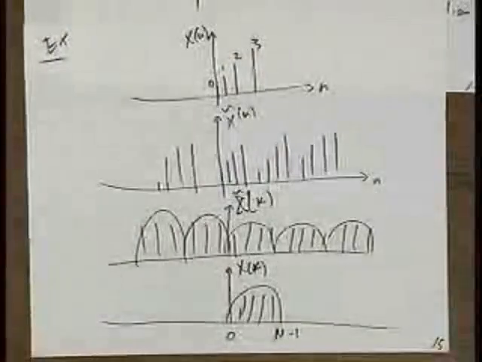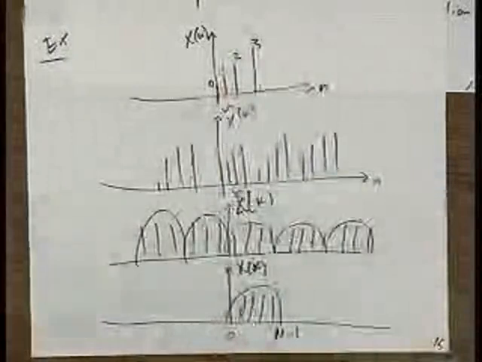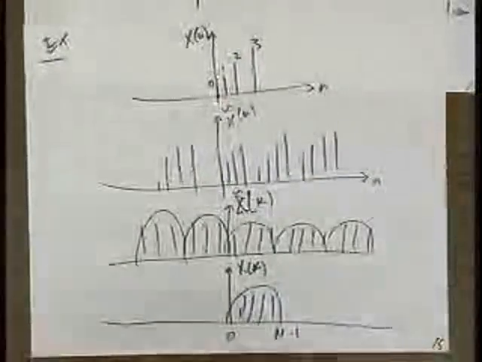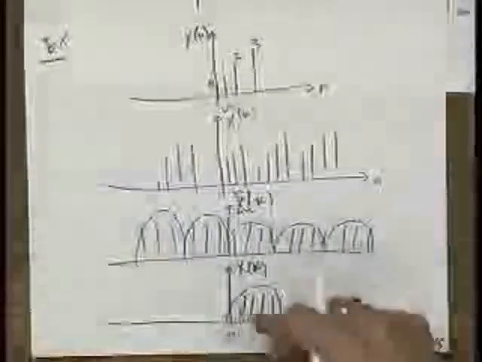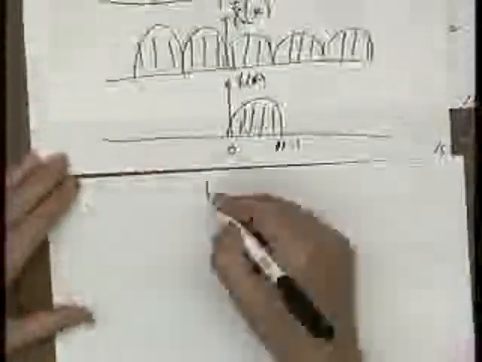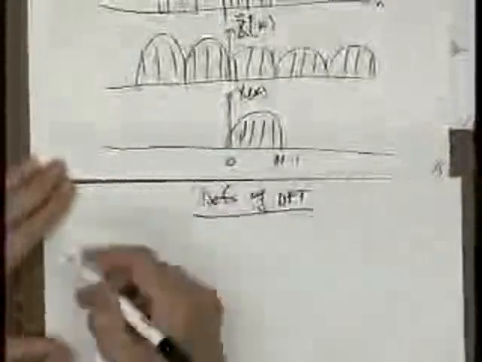So based on all of what I just said, what is the definition of X of k? What is the definition of the DFT? Well, it's just one period of x tilde of k. So based on all of that, the definition of the DFT is as follows.